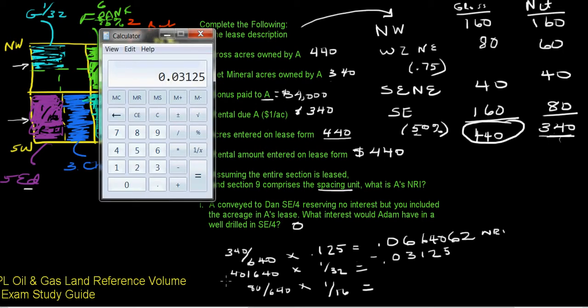So we're going to do 80 divided by 640 times 0.0625, which is going to be equal to 0.0078125. So we'll plug that in.